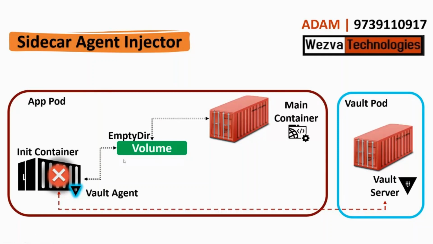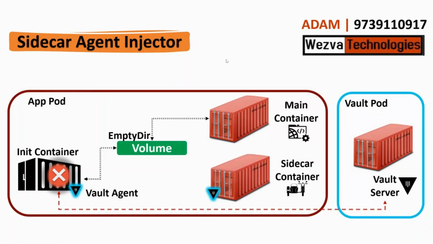Now the next point. So you run it. Now what happens? Let's say the secret or the sensitive data has been updated in the server. Your main container, or the application running inside the main container, doesn't know anything about the new data that has been updated. This is where, in the design, we will also include a sidecar container to run along with your main container.